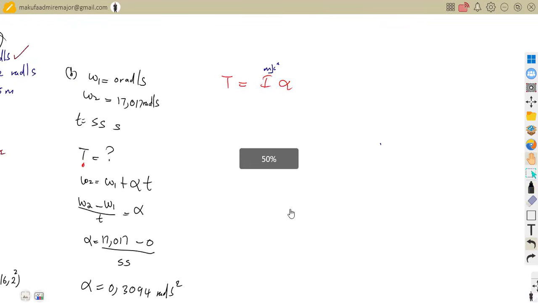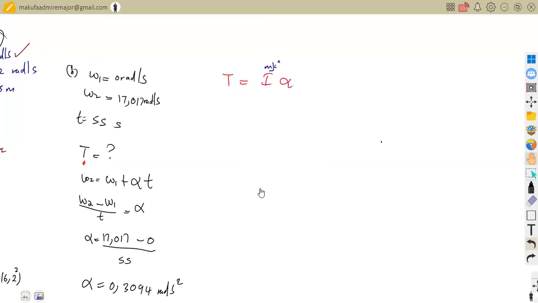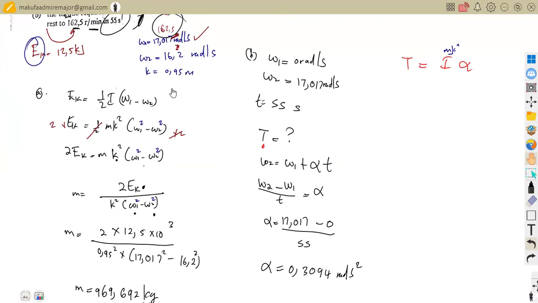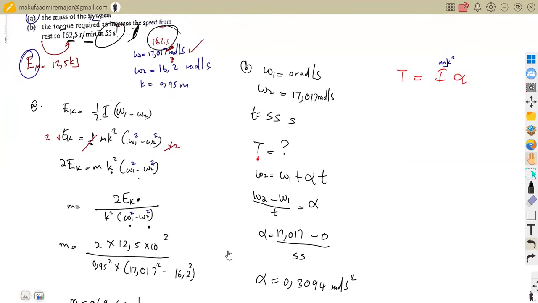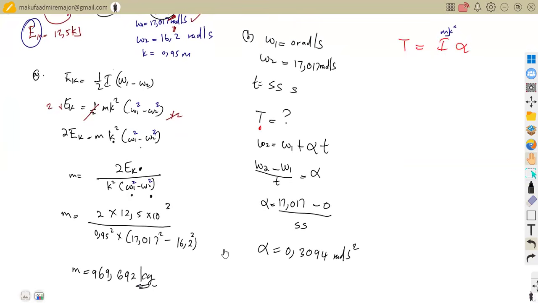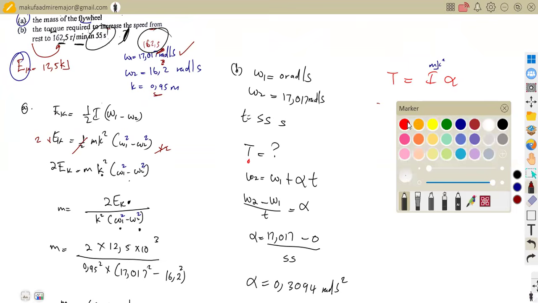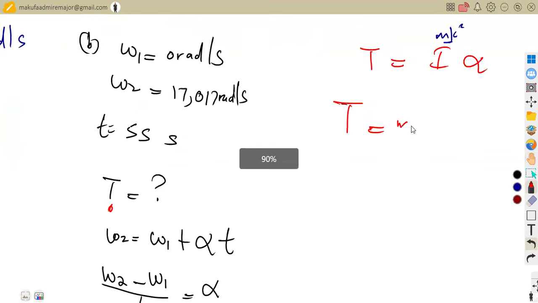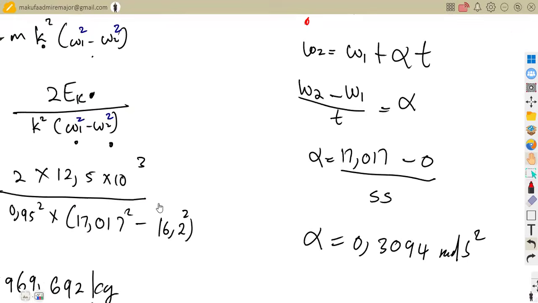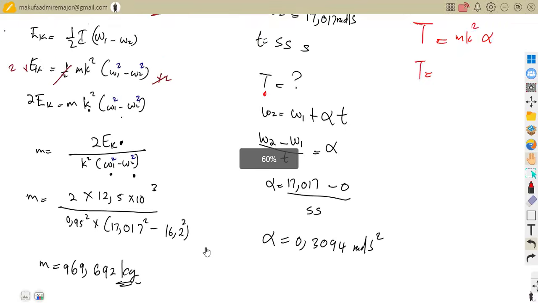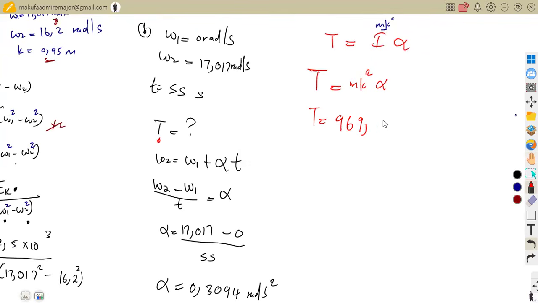So with this formula for torque that we have here, I think we can just substitute. I is mk squared. We just have the mass, which we calculated in our first question, 969.692. So the torque is equal to mk squared times alpha: 969.692 times k, the radius of gyration, which is 0.95 squared, times alpha.